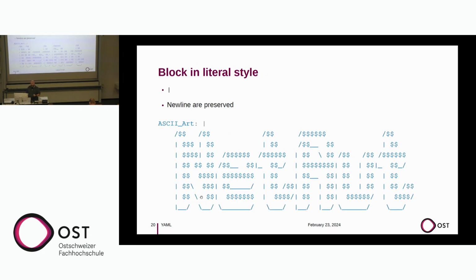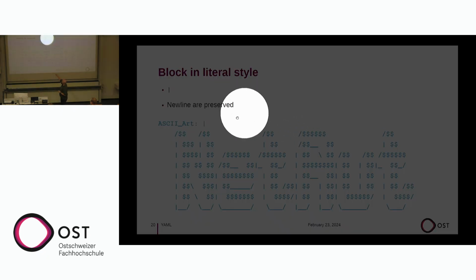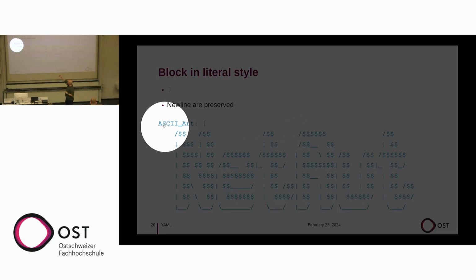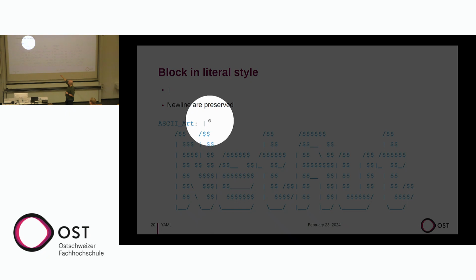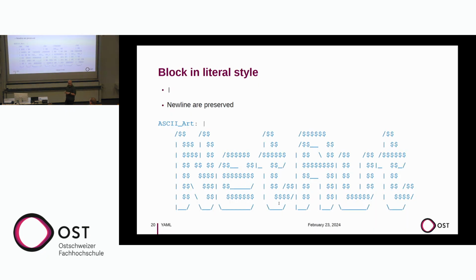So, we have blocks, so strings. It does not really look so nice here, but in a CLI it would look like NetAut, depending how far you are away, maybe it's easier to read. With this pipe, we can say everything that comes here with an indent is now a huge string.